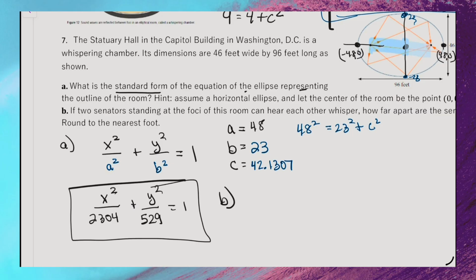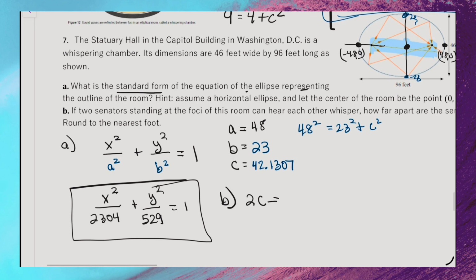Well, if that's the case, the distance between the foci is 2 of the c values, which would be 84.26. And let's have a label. It is feet. They would be 84.26 feet apart.